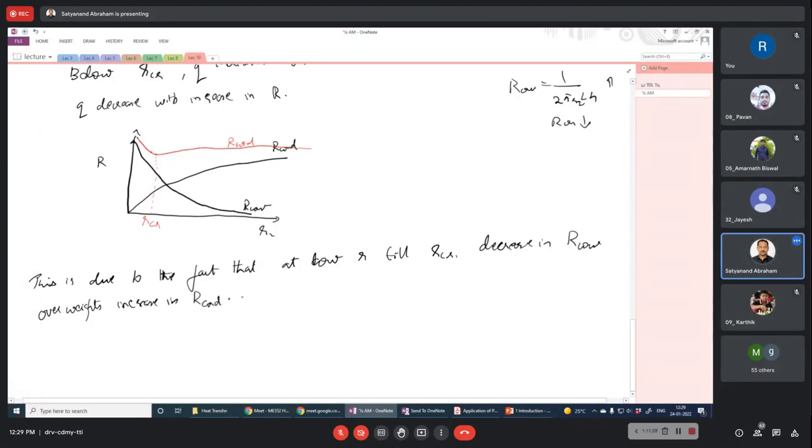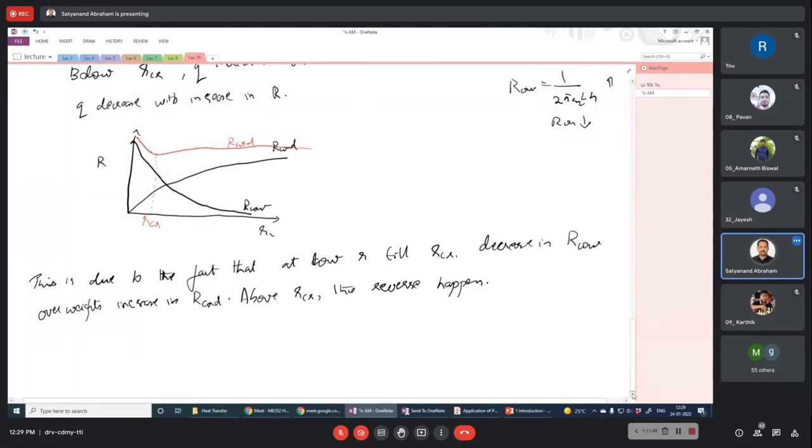And above R critical, the reverse happens. That means the increase in the R conduction overweighs the decrease in the R convection.